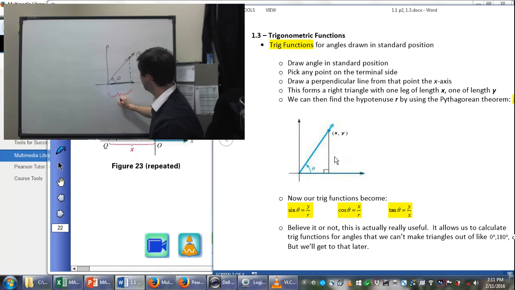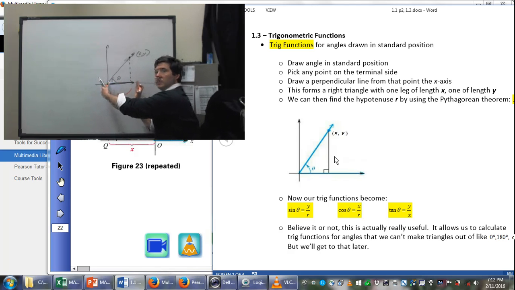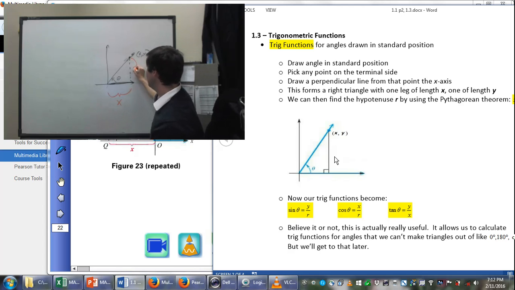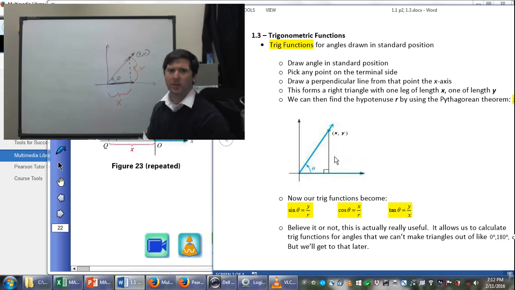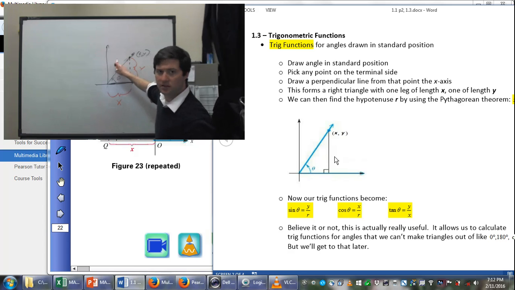Okay. And the reason I drew this triangle is again to kind of relate this back to our initial definitions. Now, this point xy, that determines the length of the sides of our triangle. Right? The x-coordinate is the distance we've gone along the x-axis. So that's the length of this side. Right?